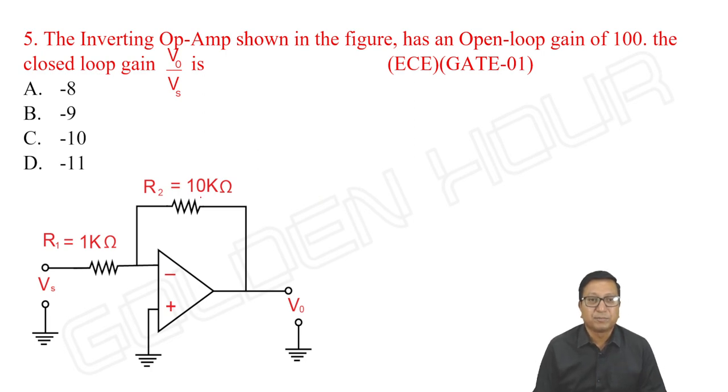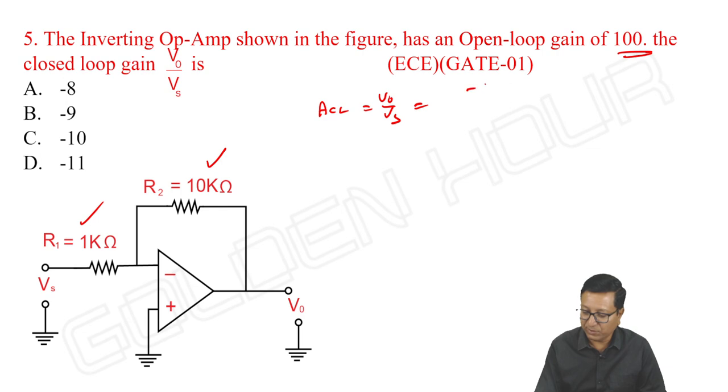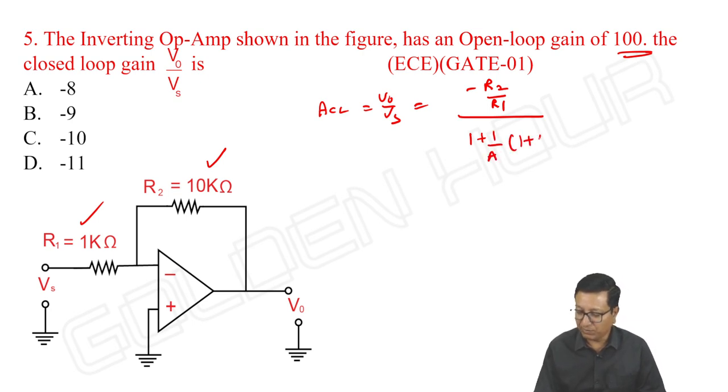See this. The inverting op amp shown in figure has the open loop gain of 100. Then the closed loop gain. We did the same problem actually, 10K, 1K, etc. Then what is the closed loop gain? It is equal to minus R2 by R1 by, according to this notation, 1 plus 1 by A open loop gain into 1 plus R2 by R1.